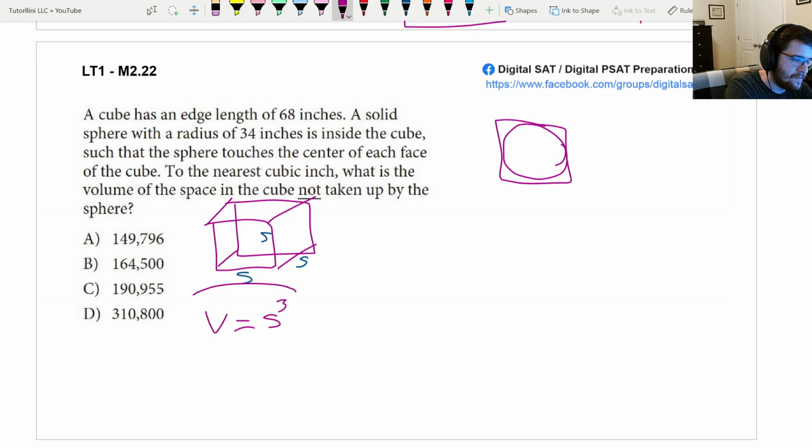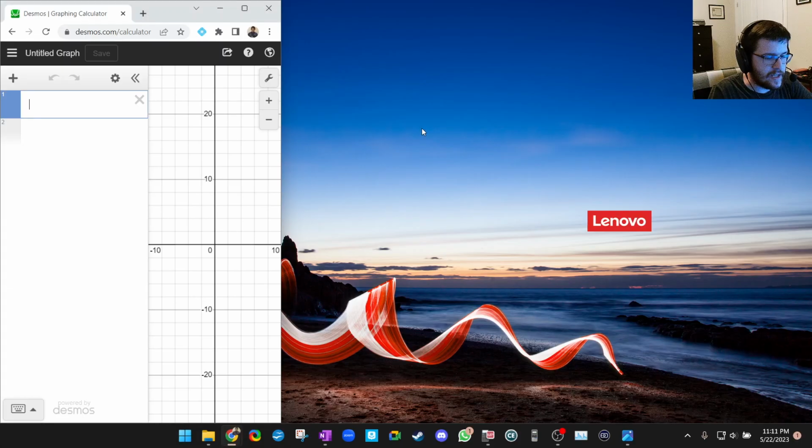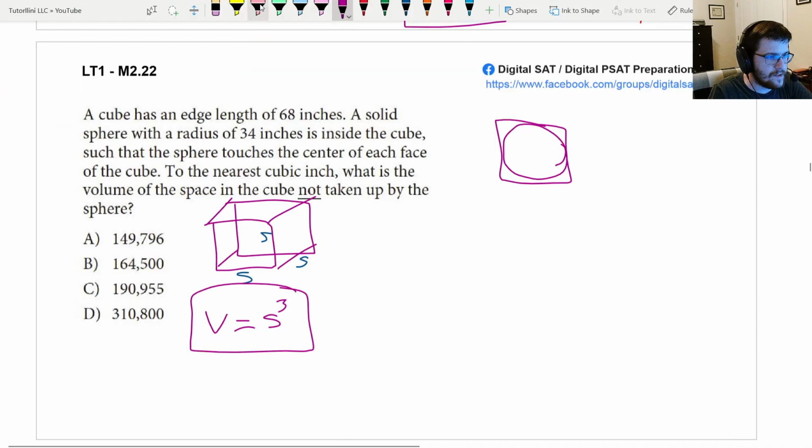That's for a cube. And then for a sphere, that is on the reference sheet. So let me pull that up. All right, great. So we have what we need.